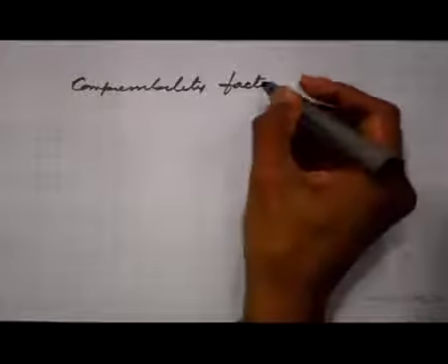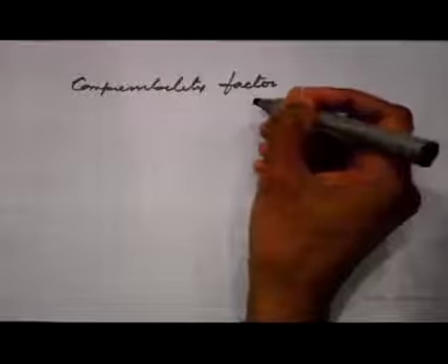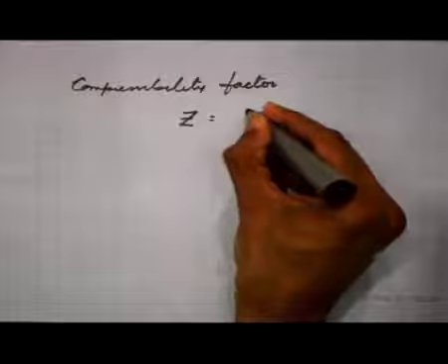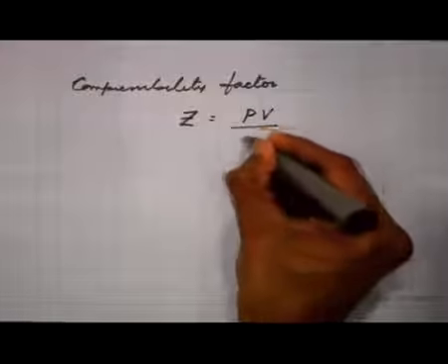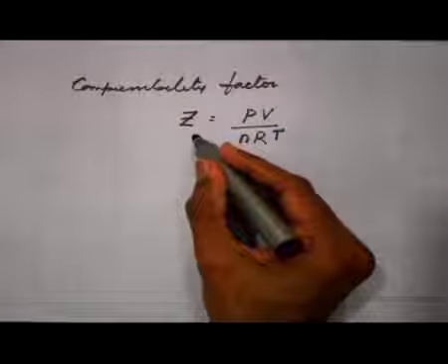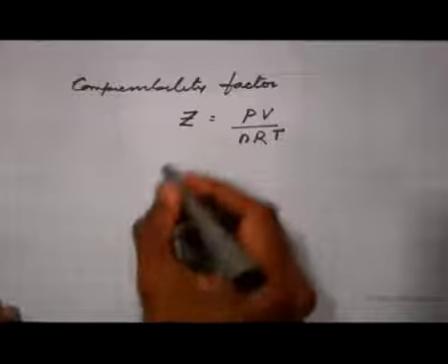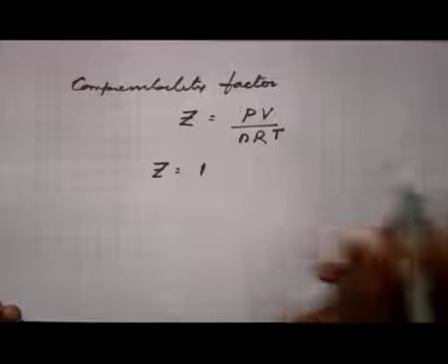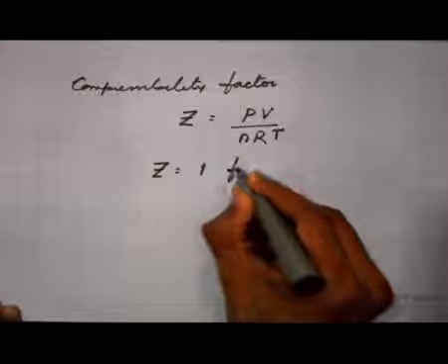There is another thing that we could look at, which is called the compressibility factor, and this is defined as Z is given by PV over nRT. So, what is Z for an ideal gas? For an ideal gas, Z equals 1.